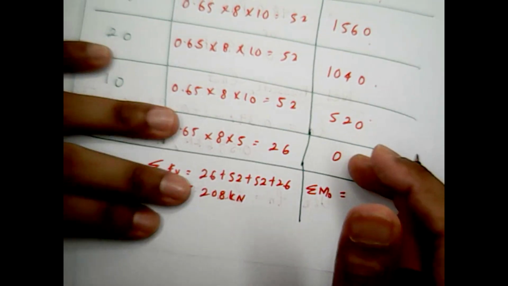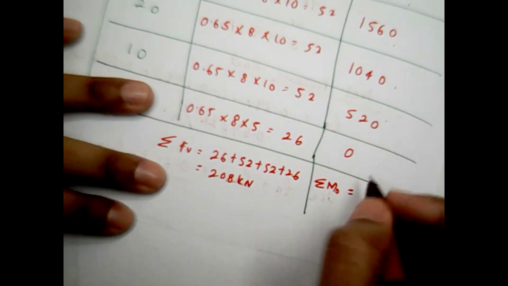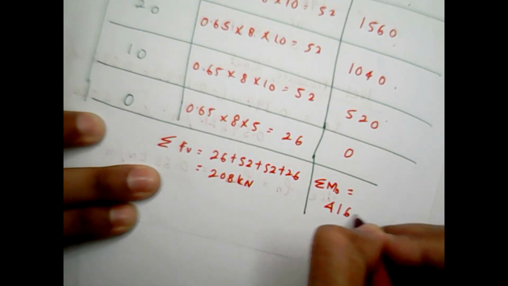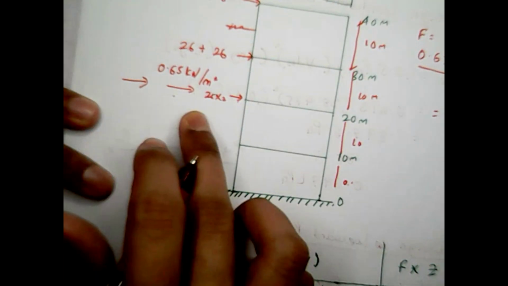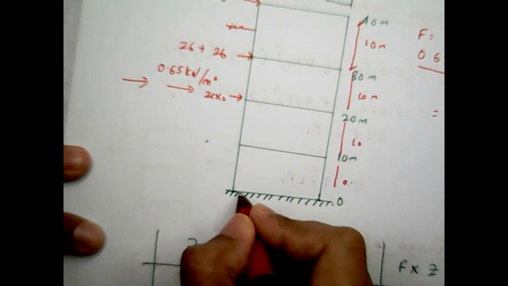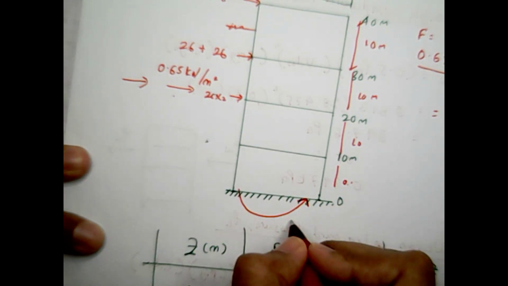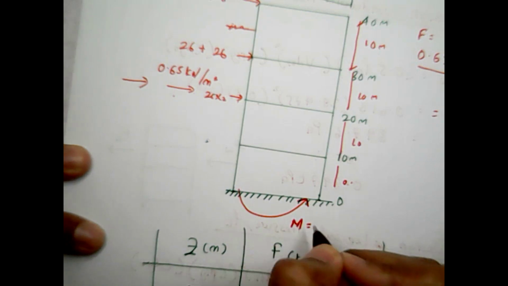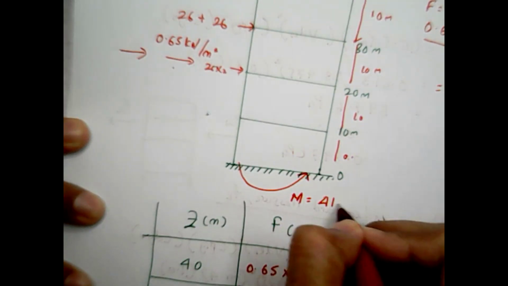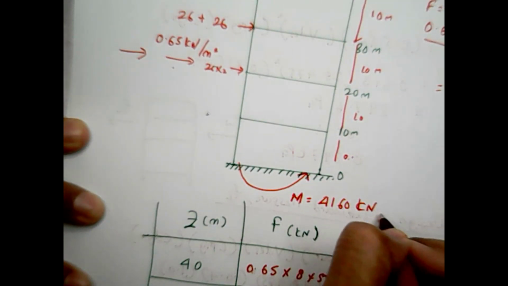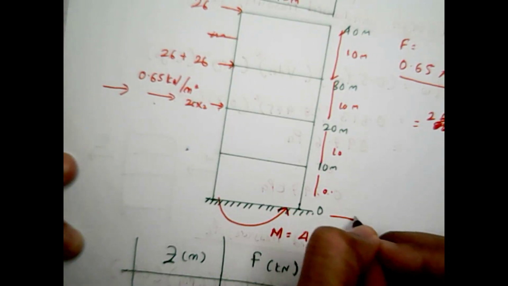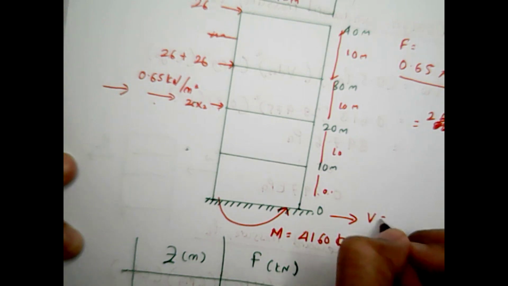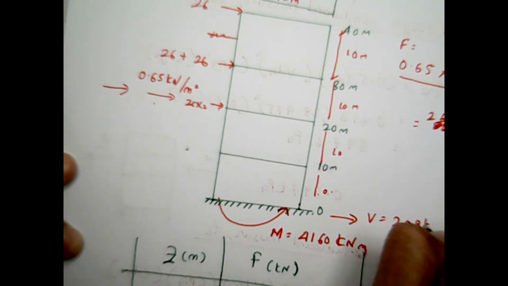So then you will end up with 4160 kilonewton meter. So for this particular structure, under the design wind pressure, you will end up with overturning moment M equivalent to 4160 kilonewton meter, and V, the shear, is equivalent to 208 kilonewton.